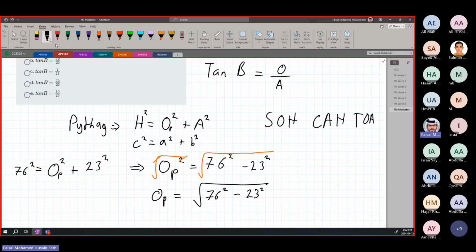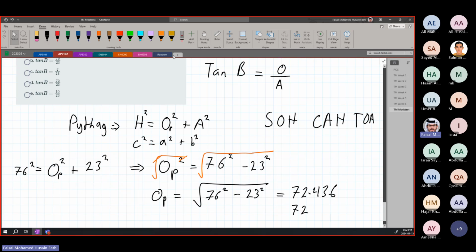This is equal to 72.436. If I round to a whole number, this is just 72.